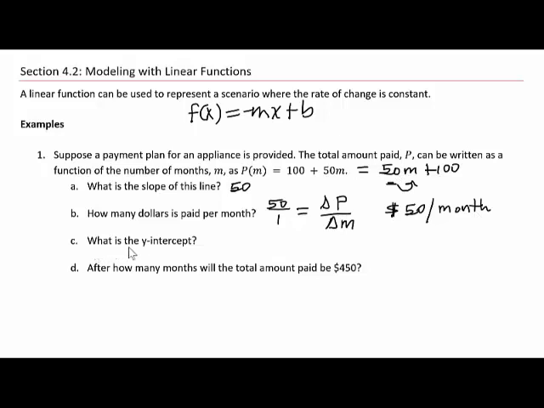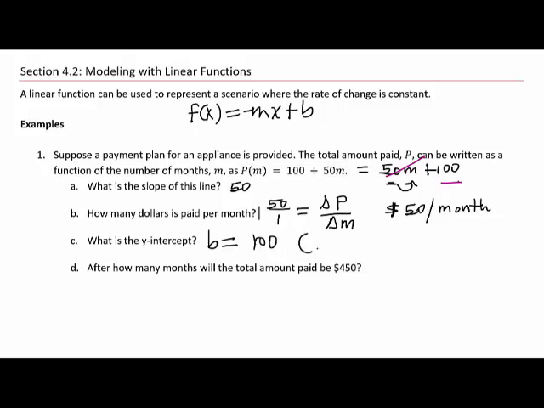We want to know what is the Y-intercept. So we go back to our function, and the Y-intercept occurs when M is equal to 0. But in our equation, it's just B, and so if you just cover this term up, we see that the Y-intercept B is 100.